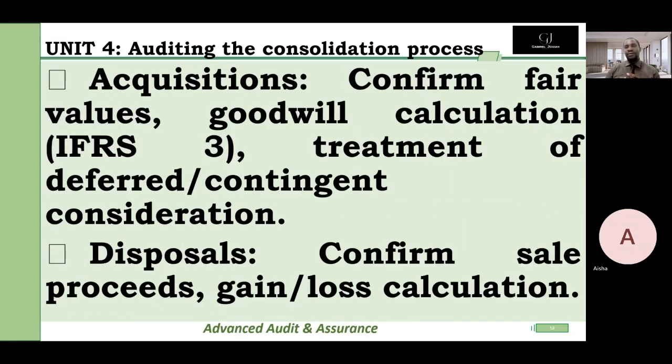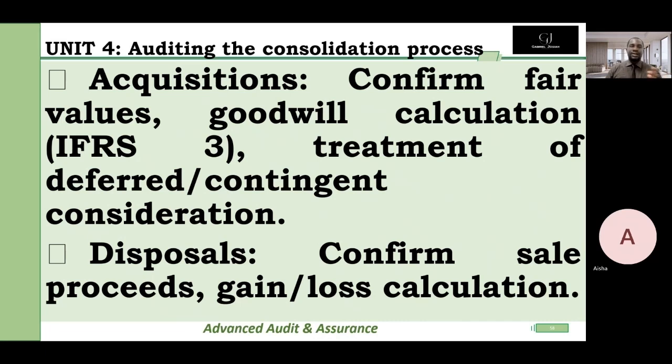And for the changes in the group, the acquisitions, we need to confirm fair values, the goodwill calculations based on IFRS 3, the treatment of deferred and contingent considerations, as we do in group accounts in CR. Also look at disposals, confirmation of sales proceeds, gain or loss on sales.